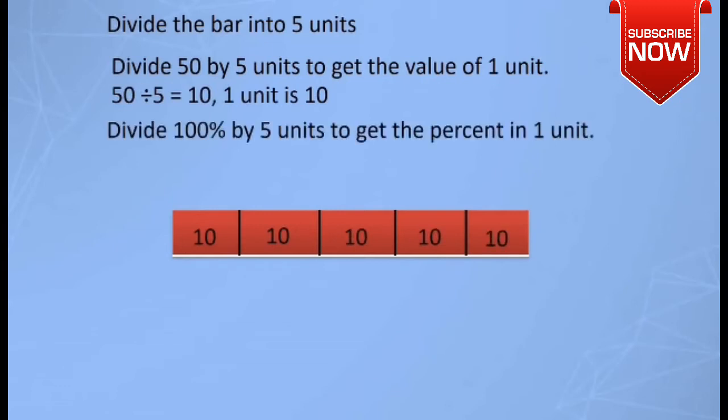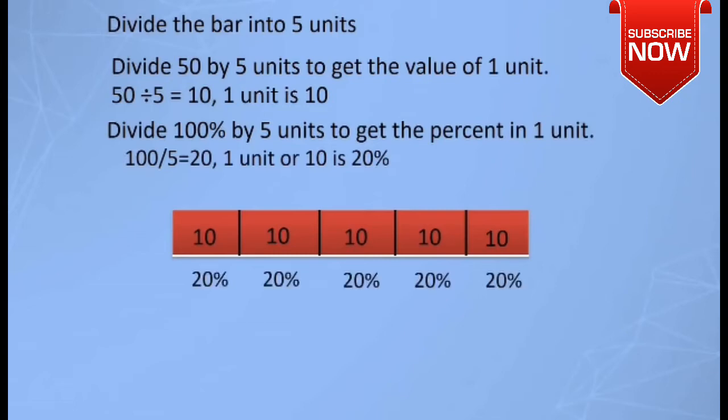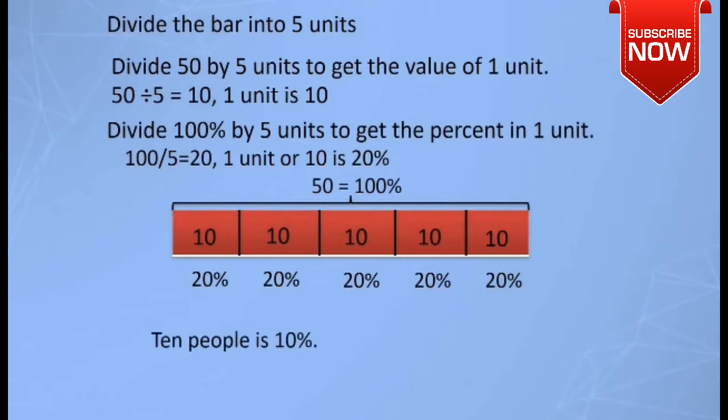Divide 100% by 5 units to get the percent in 1 unit. 100% divided by 5 is 20. 1 unit or 10 is 20%. And the total of this is 50 or 100%. 10 people is 20%.